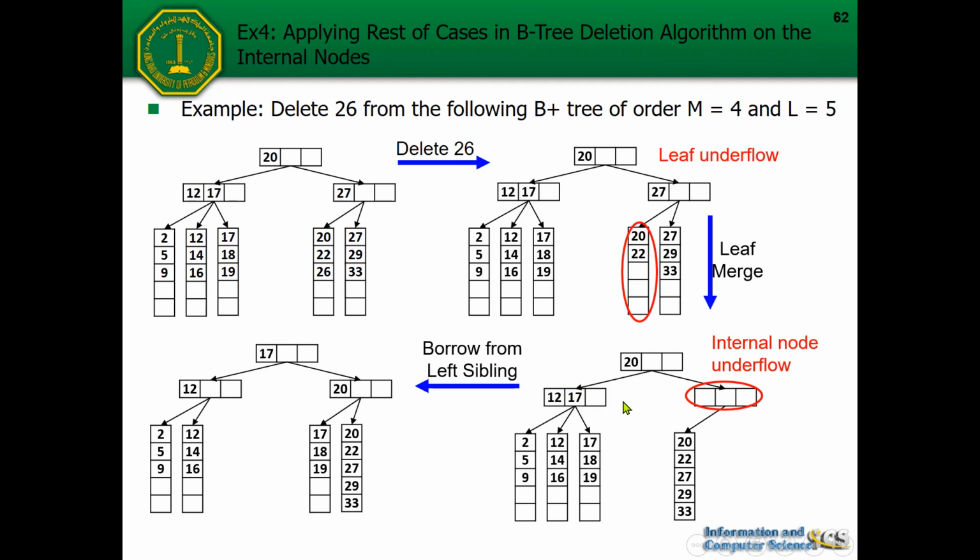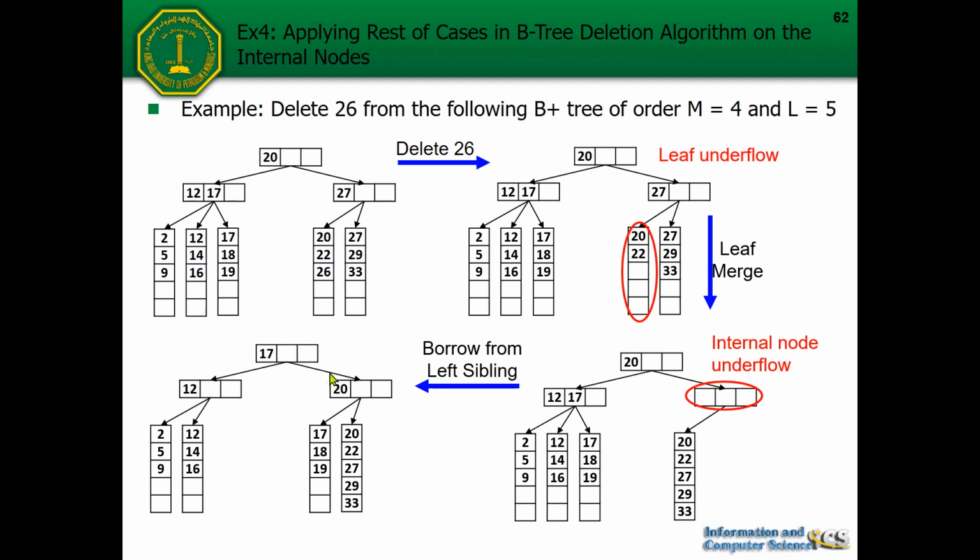So we can actually do the right rotation on these internal nodes with respect to the root like this. If you do the right rotation, 20 will go down and 17 will become the parent. So 17 goes up to become the parent, then after that 20 goes down to become the right child.